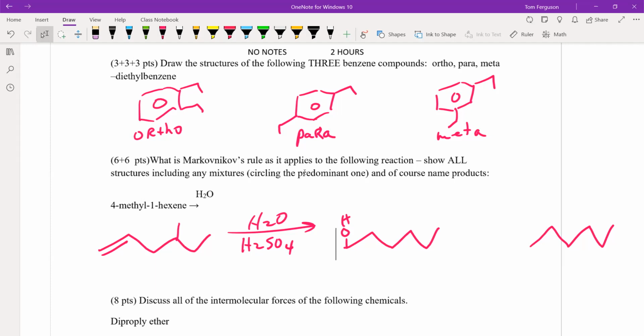What happens? Just went dark. What happened?